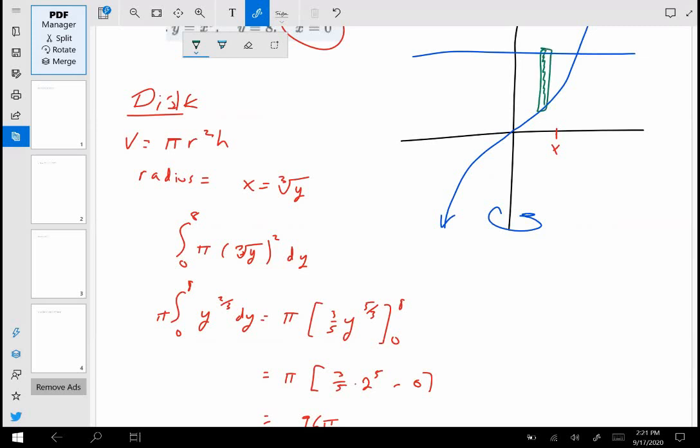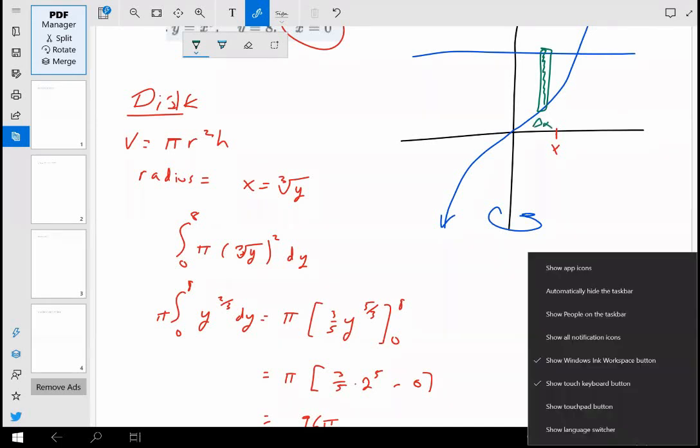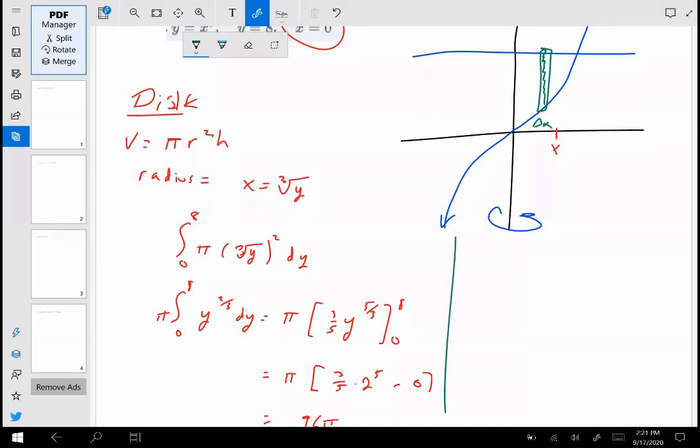That's the rectangle that we rotate around to make our little cylinder. That means the narrow side of that is a dx, so we're going to integrate with respect to x.